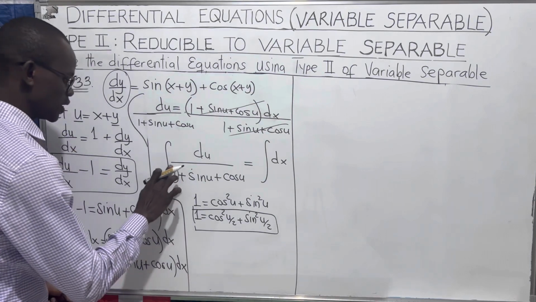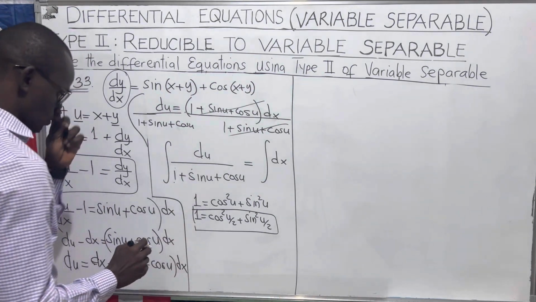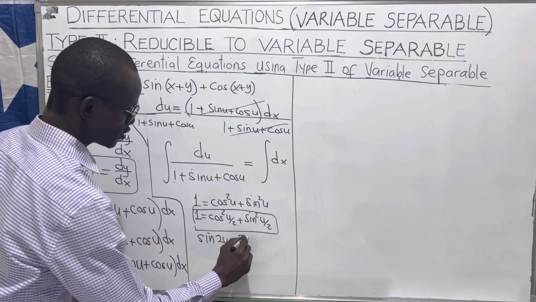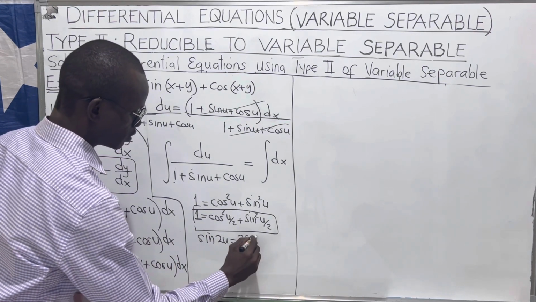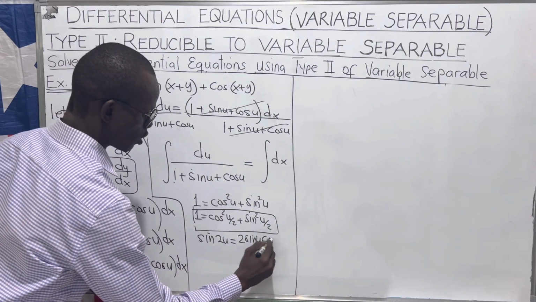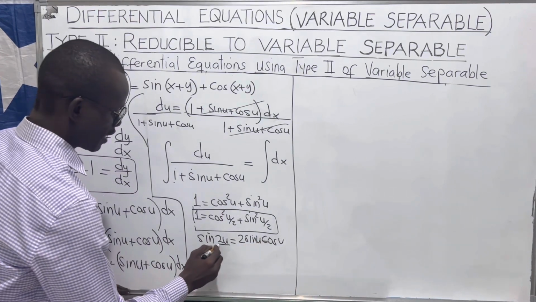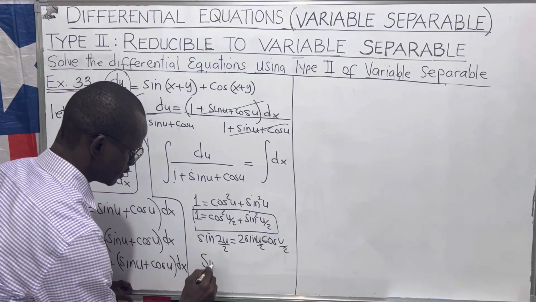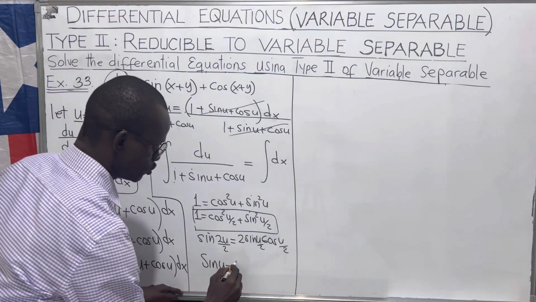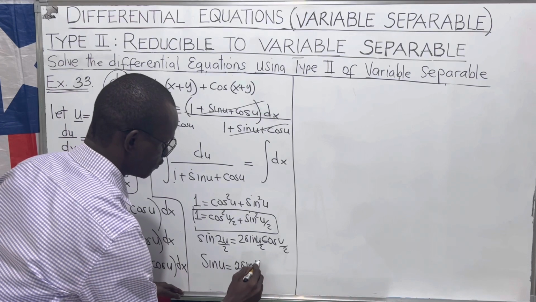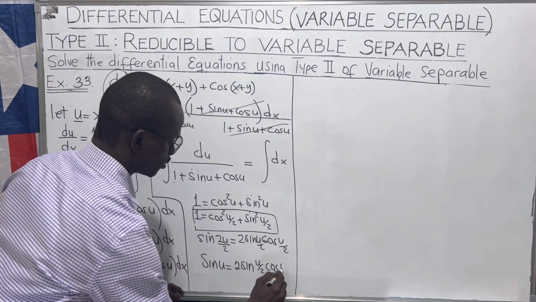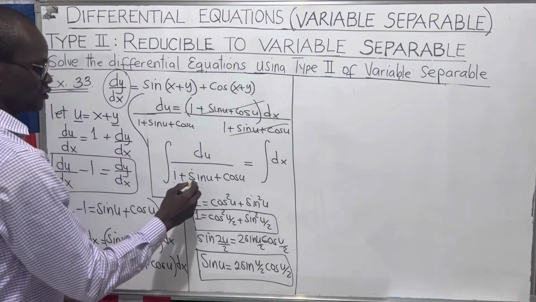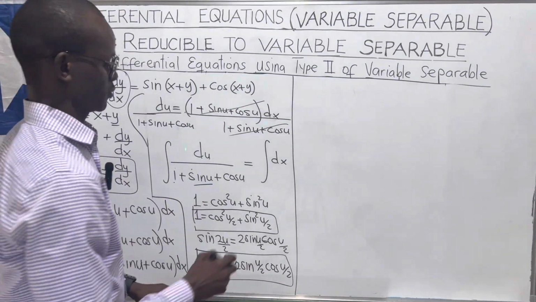The next one we want to replace is sine of u. We know that sine of 2u is equal to 2 sine u cos u, from the double angle. We divide all angles by 2, and we will have sine of u to be 2 sine of u over 2 cos of u over 2. Where we see sine of u, we're going to replace it with this.